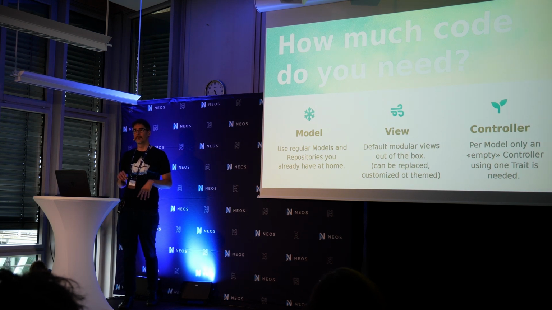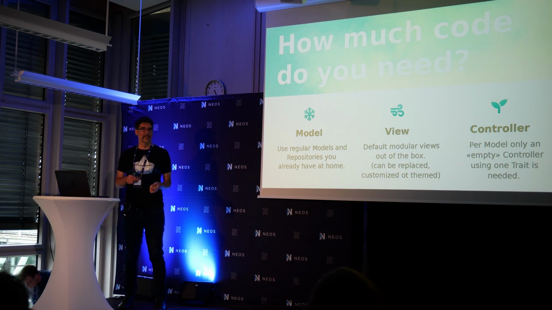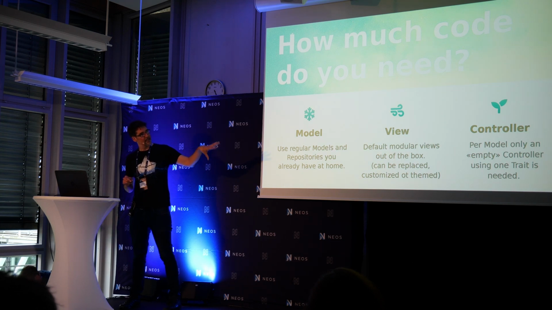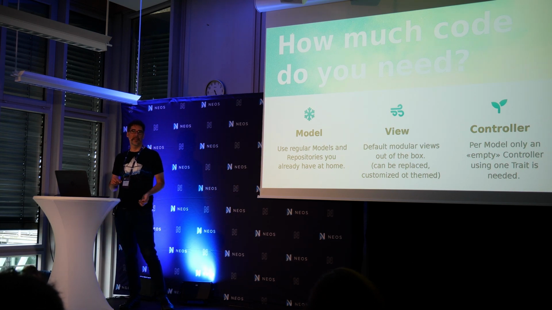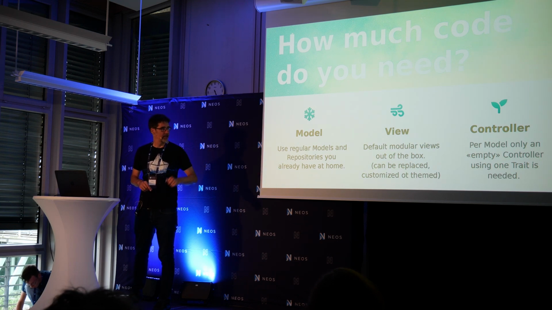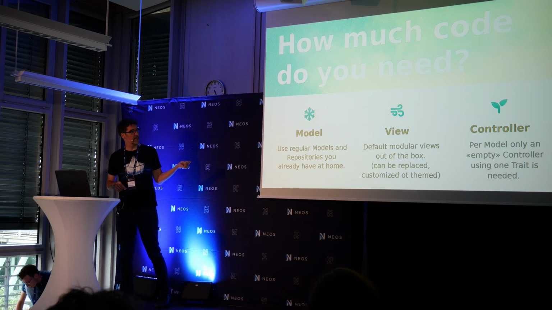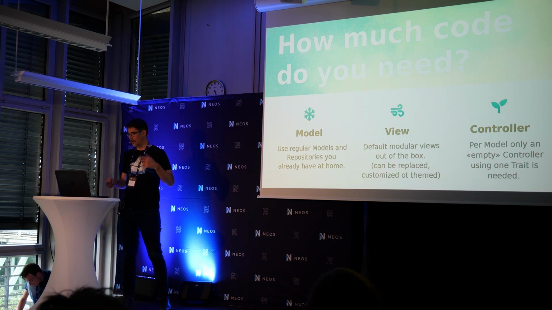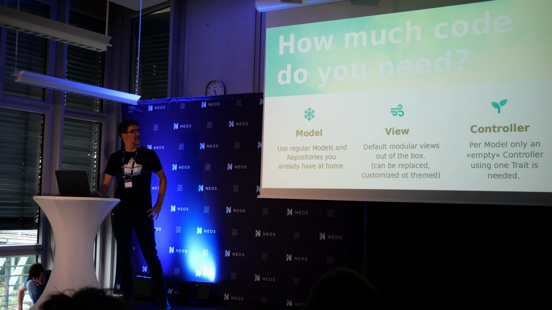I also implemented a fallback Fusion view, so you don't have to define all the views for each controller, because they're basically all the same and they are just loaded. But of course they can be replaced, they can be customized, or there's even a basic theming mechanism, so you can just change CSS classes if you want to adapt it.